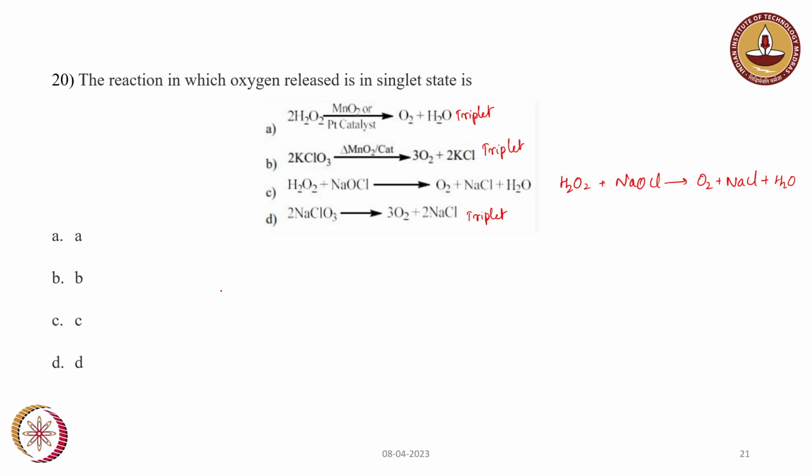So in triplet state, the electronic configuration is sigma 2s2, sigma star 2s2, sigma 2pz2, pi 2px, pi 2py, 2 electrons in each, and pi star 2p, 1 electron in each antibonding pi orbital.